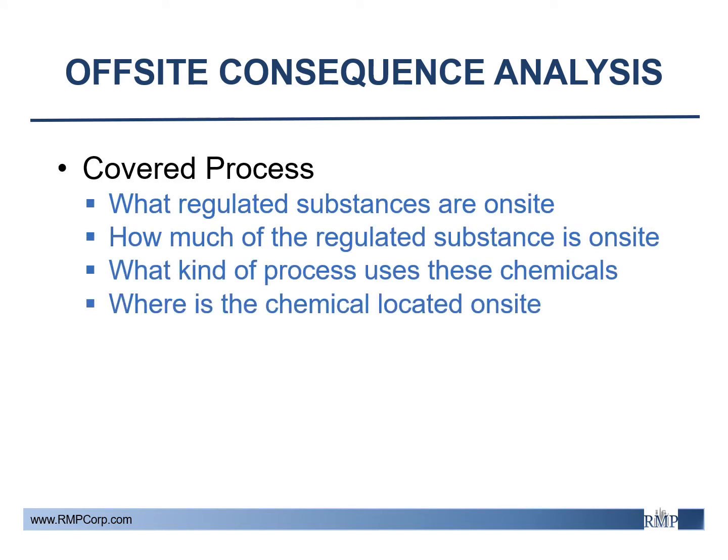The covered process should include what the regulated substances are, how much of the regulated substance is on site, what kind of process the chemicals are involved in, and where the chemical is located on site.